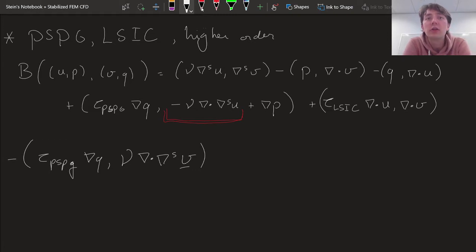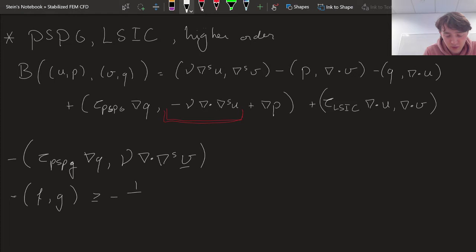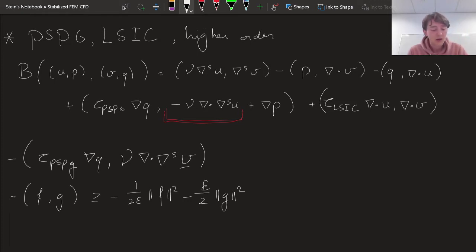Well, we have Young's inequality, which I'll write down one last time. Minus f comma g is bound from below by minus 1 over 2 times epsilon times the norm of f squared minus epsilon over 2 times the norm of g squared.